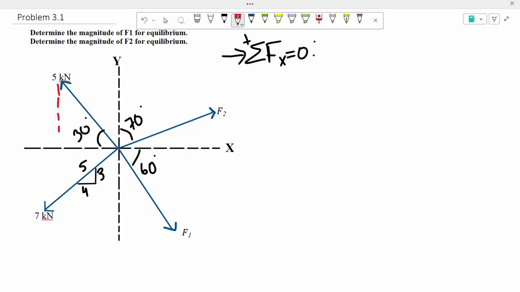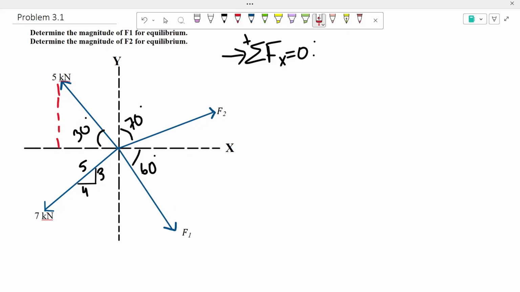If we were to draw a triangle right there, we are given that the hypotenuse of this triangle has a force of 5 kilonewtons. Right now, we're trying to find the x component, so we are trying to find this side of the triangle, and we are given that this angle is 30 degrees.